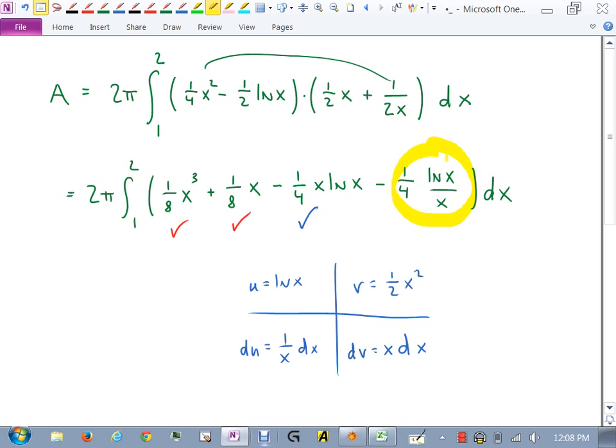I want the final answer. Forget the 1/4. That's it, good. 1/2 ln x squared.